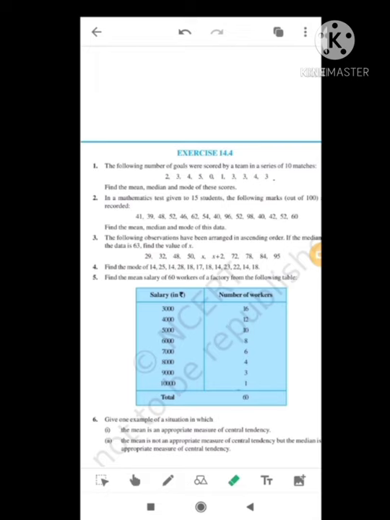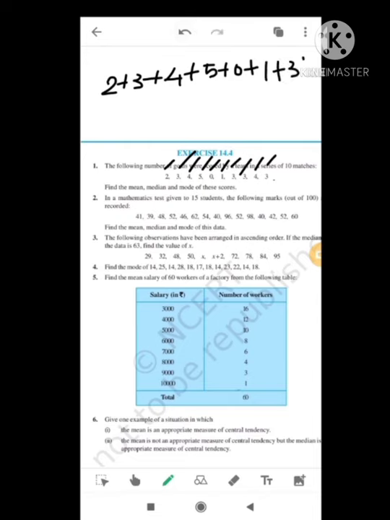So sum of observations means we need to add the goals of the 10 matches and divide by 10, because counting 1, 2, 3, 4, 5, 6, 7, 8, 9, 10, there are 10 observations. In short form, we can write this as 2 plus 3 plus 4 plus 5 plus 0 plus 1 plus 3 plus 3 plus 4 plus 3, whole divided by 10.